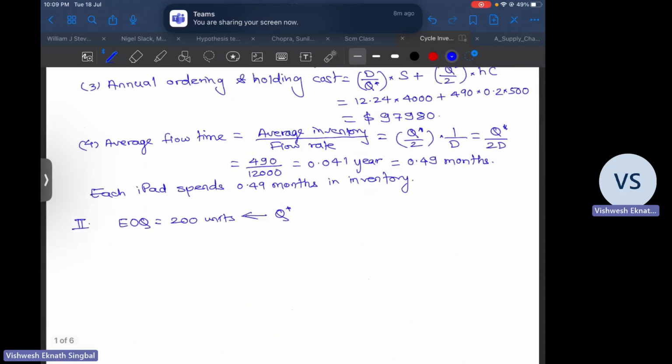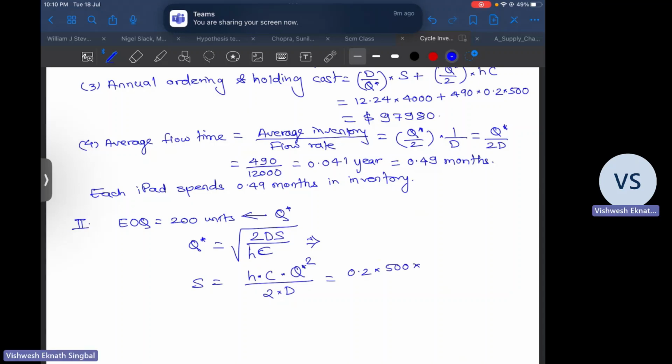So now let's go back. We have to find the value for S. We know that Q star is given as under root 2 DS by H into C, right? So this implies that S will be given as H into C into Q star square divided by 2 into D. So if we substitute the values for the different variables, we will get 0.2 into 500 into, what?